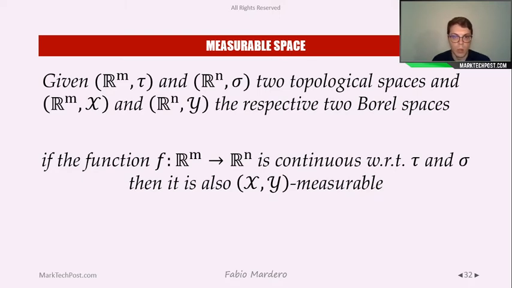That's a useful property, and it's very important because it remarks again the link between what we are doing now with the measurable functions, with the measure theory in general, and what we have done in the previous course.